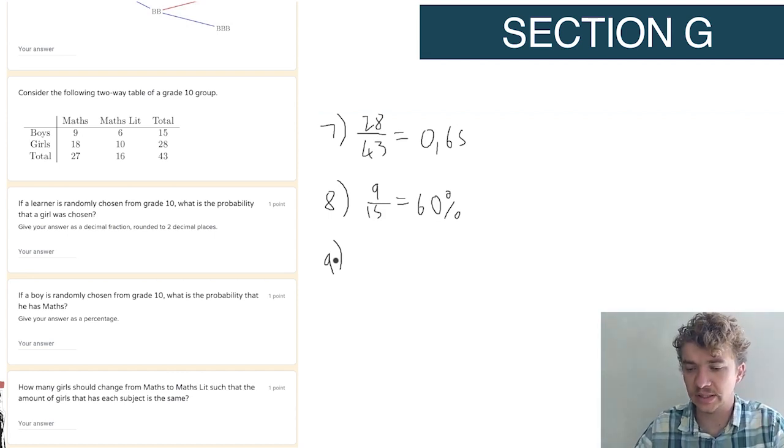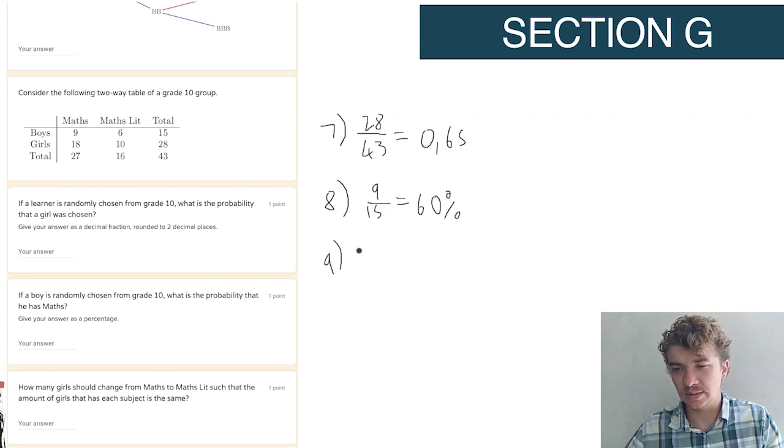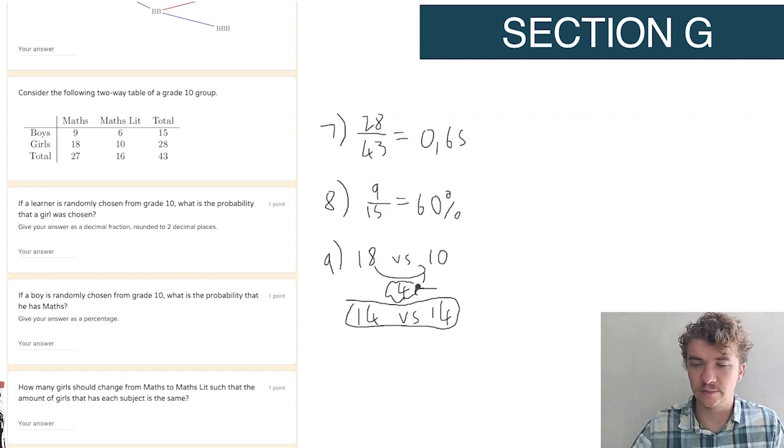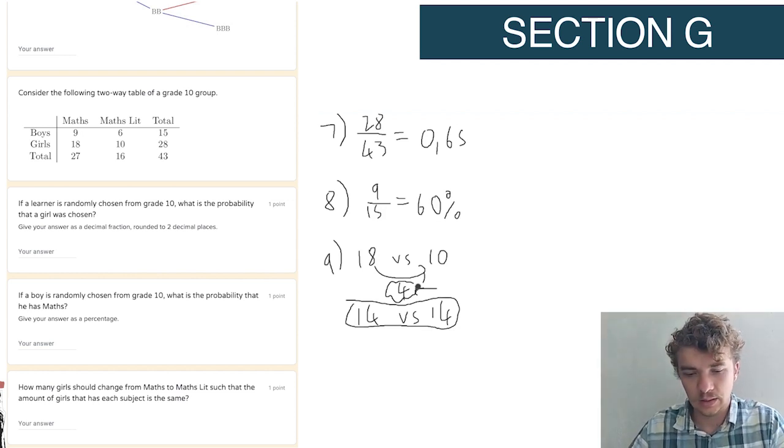Currently it's 18 versus 10, but if 4 go over, we'll have 14 versus 10 plus 4, which is also 14. So this is what we're looking for, 14 versus 14, and then your answer is 4.